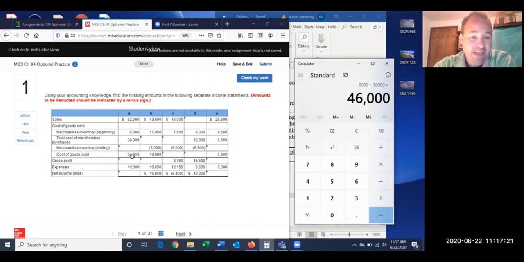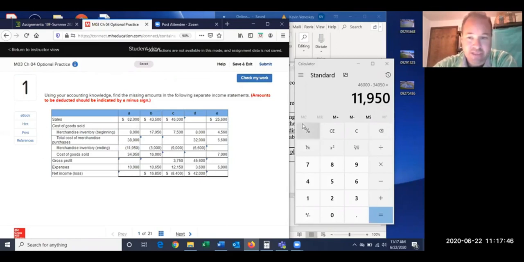And if I end the day out of the 46, if I end up selling 34,000 of those, how much do I have left? And the answer would be I have 11,950, and I'm going to put that in as a negative because we're subtracting. And that gets us to our cost of goods sold. And then this one, getting the gross profit, is very simple.